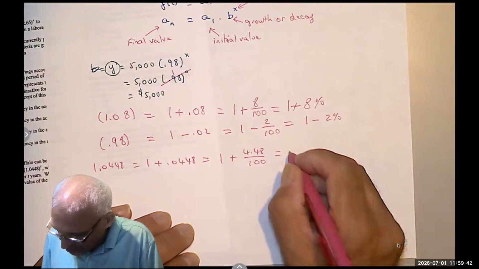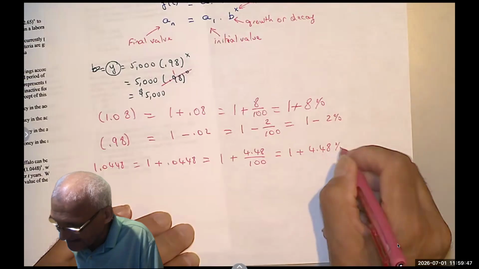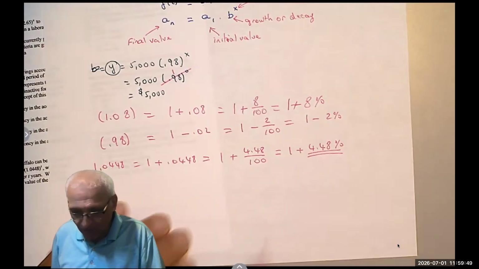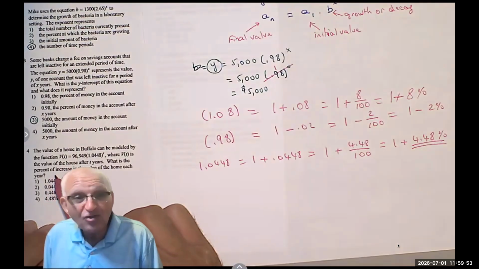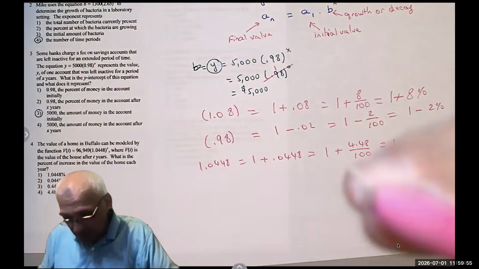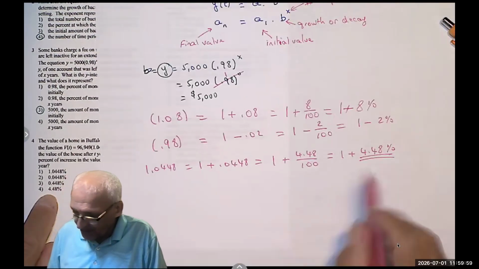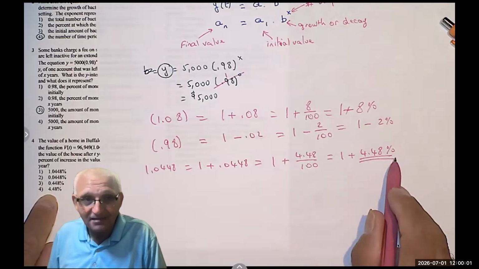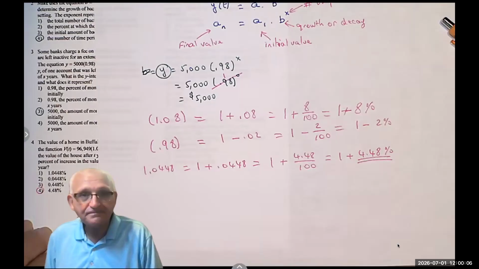So this becomes 1 plus 4.48%. That's the amount of growth. So when they tell you what is the percent of increase or growth in the value, it's none of those. It's the last one. It's 4.48. Okay? So this is number 4.